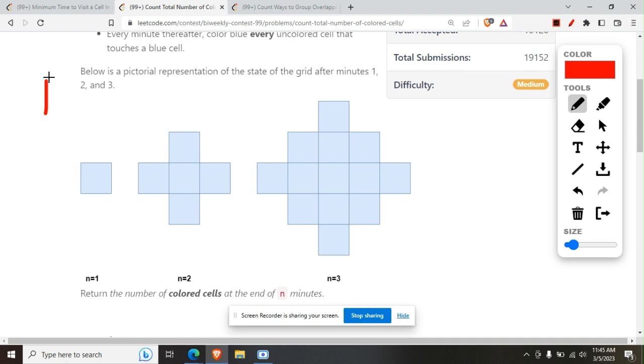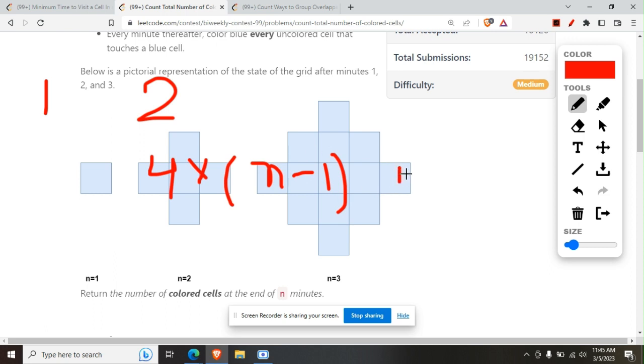At n equals 1, we already know the answer is 1. At n equals 2, what is my answer? We just apply this formula: 4 into n minus 1, plus whatever the value of the previous one was. Let's say we are storing it in an array called previous.